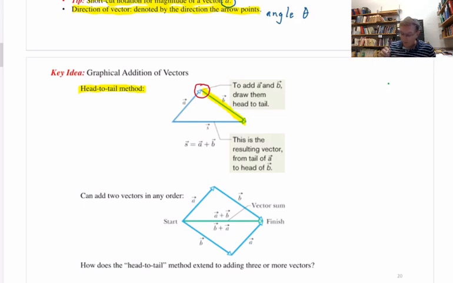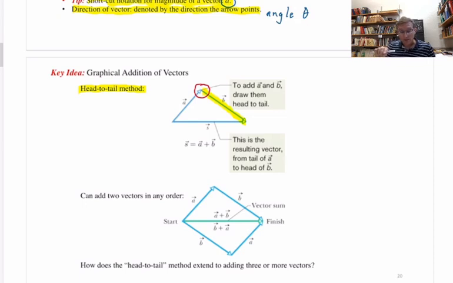You are allowed, by the way, let's point something out here, to take any vector that you're given, represented by an arrow graphically. You are allowed to slide that arrow around on your two-dimensional surface, however is convenient, as long as you don't change the length of the arrow or the angle of its tilt.